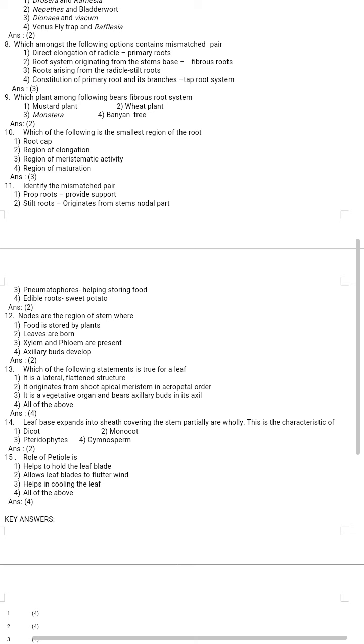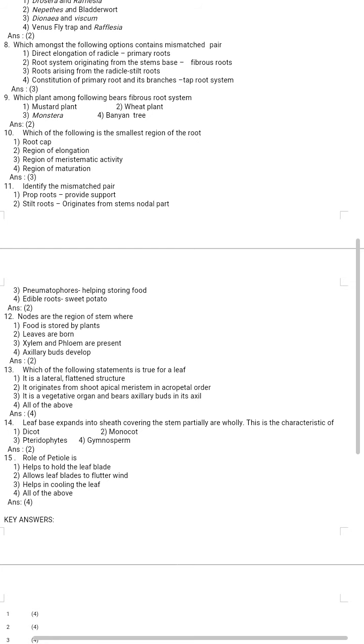Option 3, pteridophytes. Option 4, gymnosperms. The correct option for this question is option 2, monocot. Leaf base expands into a sheath covering the stem partially or wholly. This is a characteristic feature of monocots. Examples: wheat, rice, maize, etc.